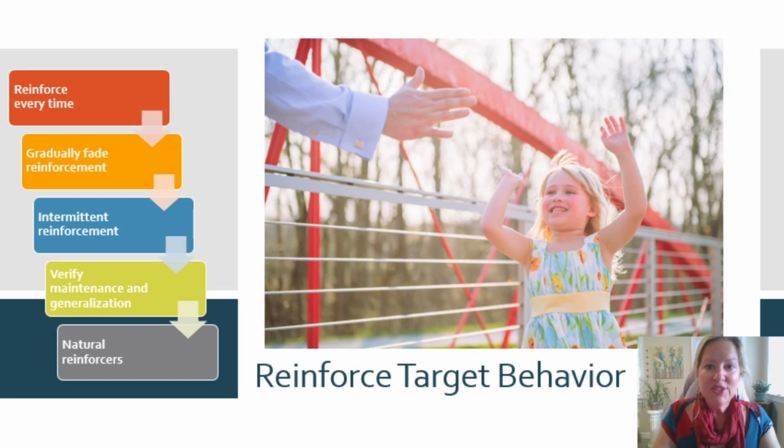At this stage, because reinforcement is already being offered intermittently and fading is occurring gradually, the transition to naturally occurring reinforcers shouldn't affect the learner's behavior. If the learner stops exhibiting the behavior when the planned reinforcement is eliminated, fading may have taken place too soon, and you may need to go back to planned reinforcement for a little while longer.